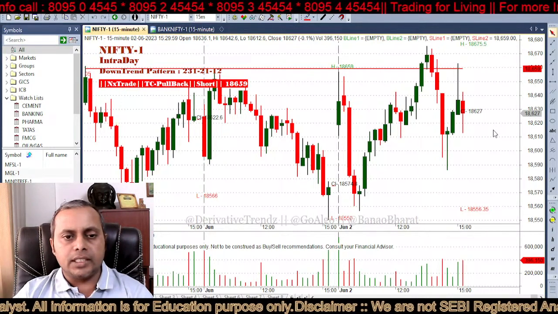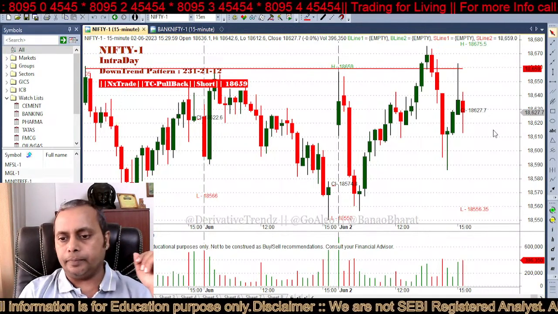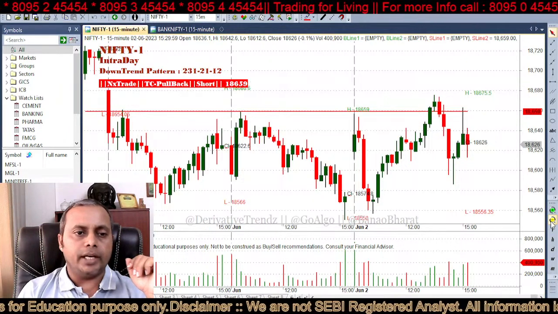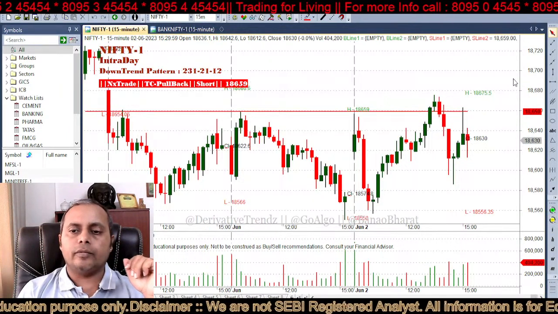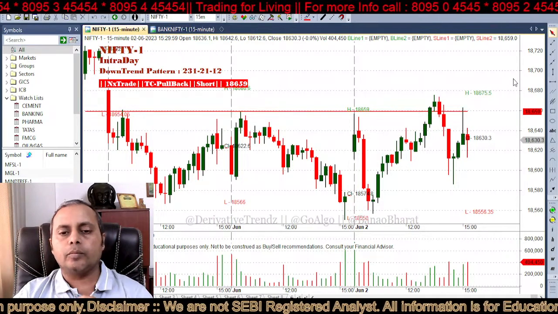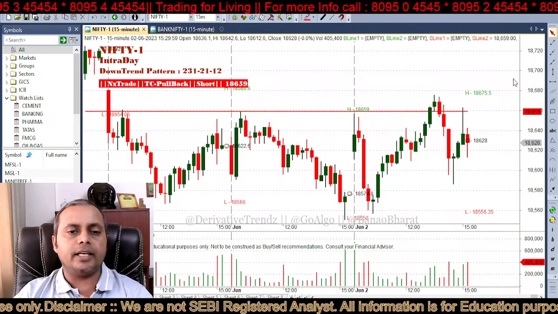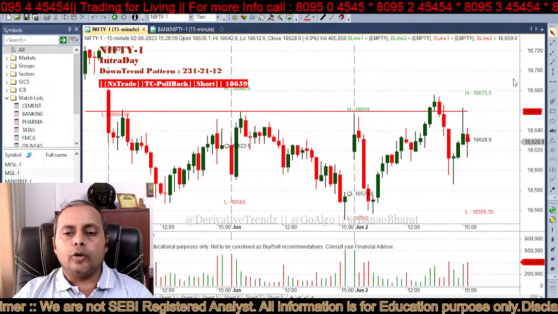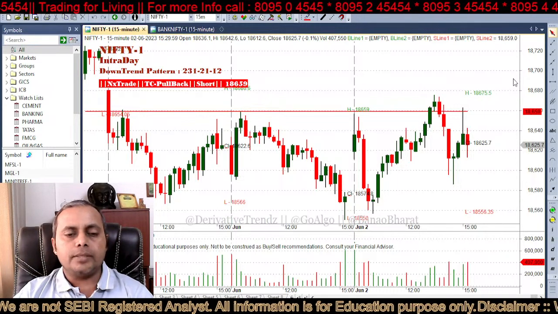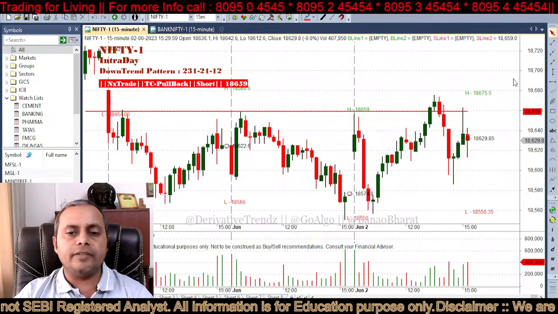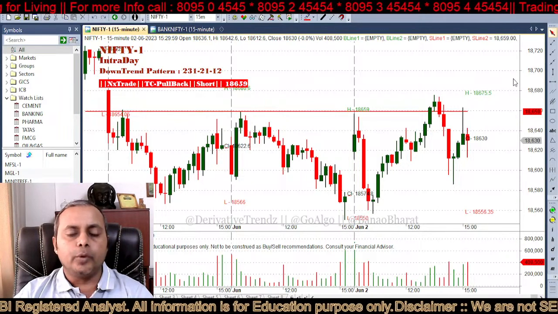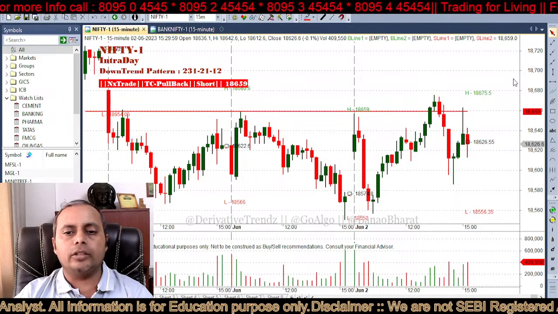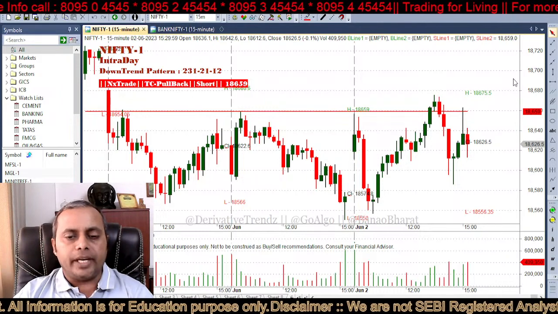So what does this chart indicate for the day? On the intraday time frame, if you see, we are in a downtrend, and the Monday and Tuesday's gap up and staying there has not resulted in much of an up move by the bulls. And Wednesday and Thursday we saw some kind of muted movement on both sides, but slightly on the downward bias.